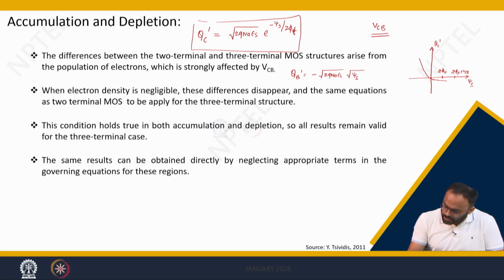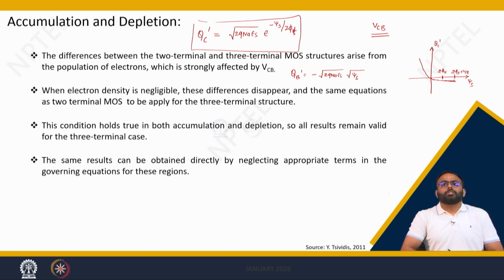During this transition from 2 phi f to 2 phi f plus VCB, the slopes remain almost the same in depletion. We agree that there is a shift in the surface potential value in depletion, but the charge is not changed; charge is not affected by the VCB value.